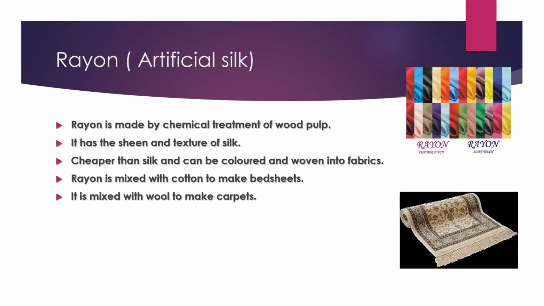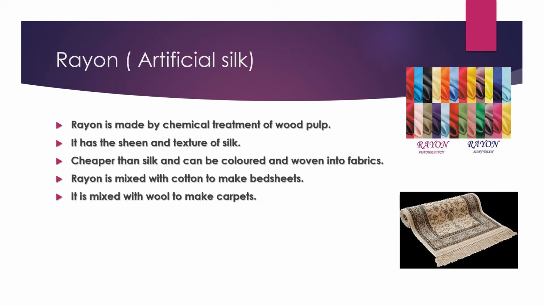We will look into the first artificial fabric, that is rayon. A very interesting fabric this is. It has got the sheen and texture of silk. Rayon was introduced because natural silk, which is obtained from silkworms, was very costly, number one.